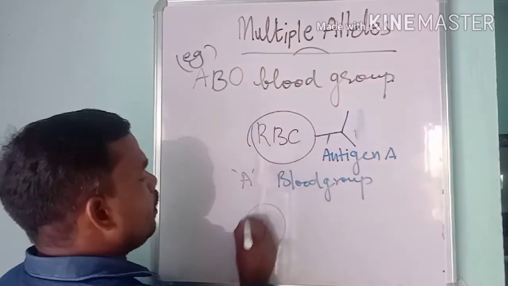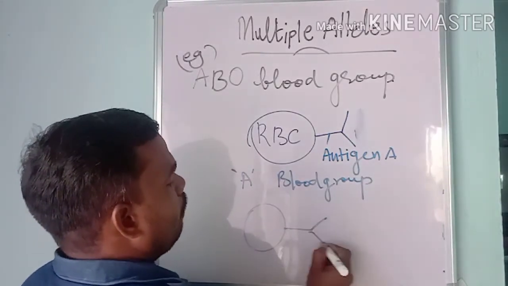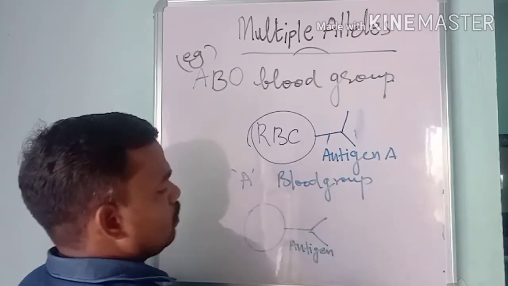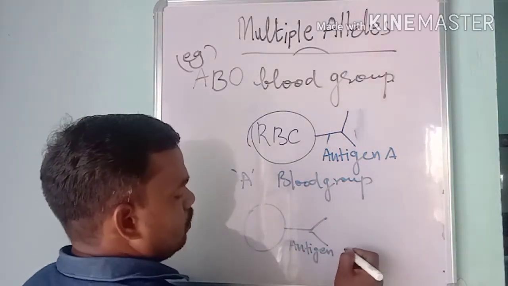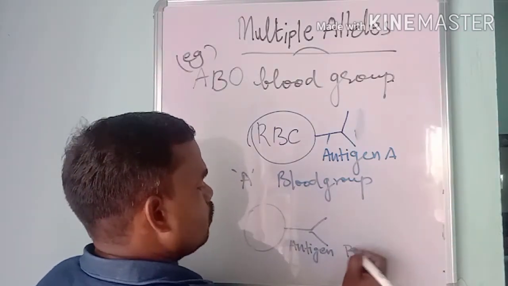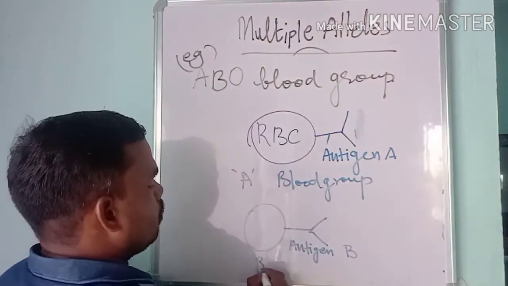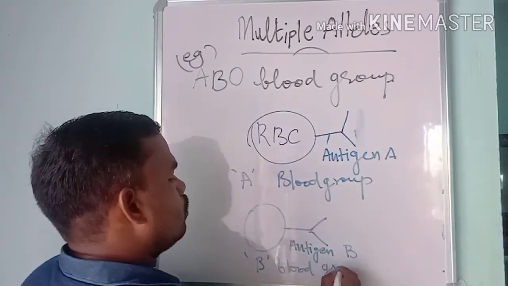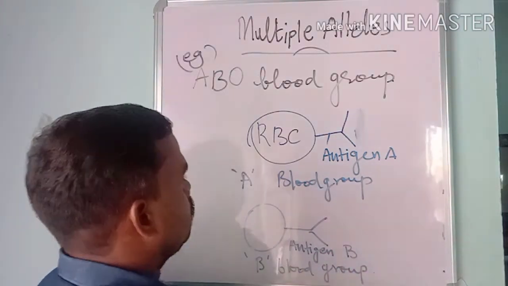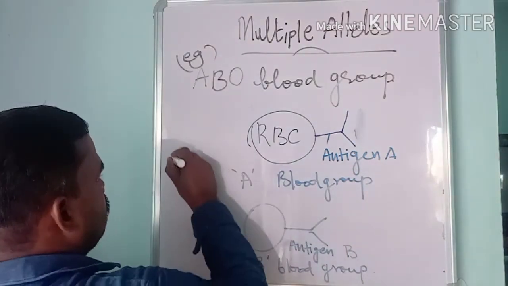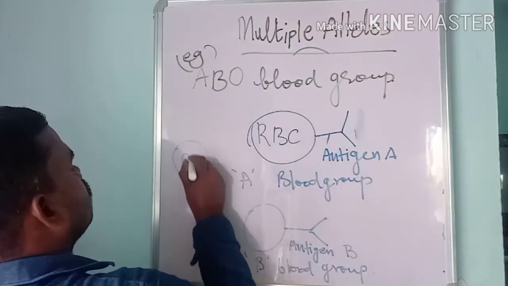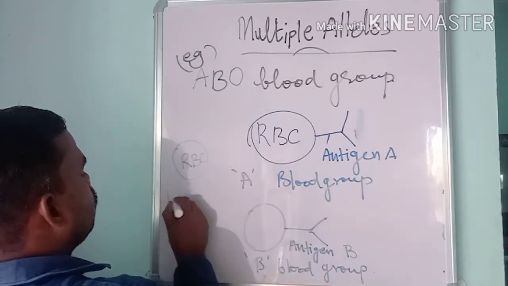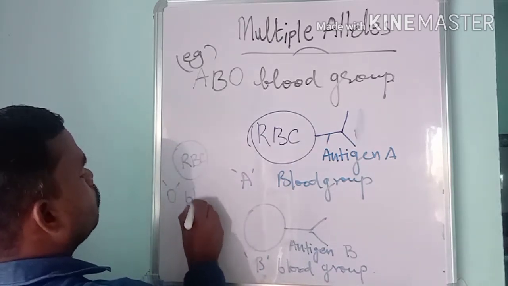If that RBC has antigen B, then it is known as B blood group. If it does not have any, then it is an O blood group.